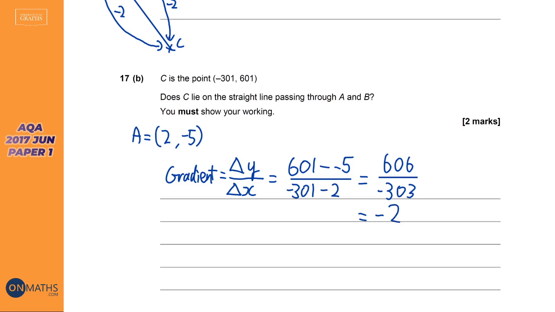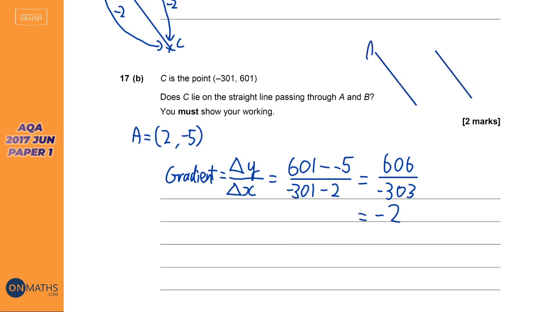I think some students, when they do this, think that they've got to work out the equation and then do it that way. You don't need to. If 3 points all have the same gradient as each other, relative to each other, then they are absolutely on the same line. Now, if we worked out the gradient between C and another point, like D, and it was minus 2, that would not be a proof, because that just shows that they have the same gradient.